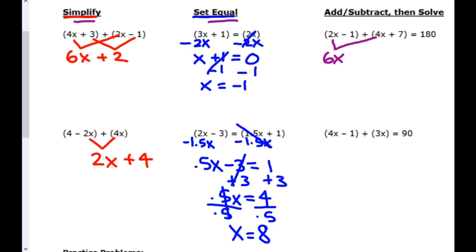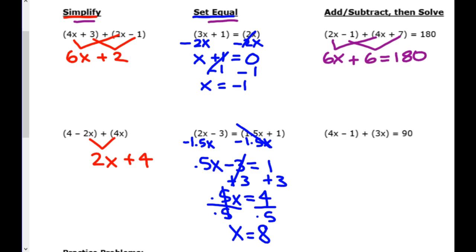6x plus 6. And we have constants, -1 plus 7. And by the way, don't forget, if there's a minus sign in front of a number, that's like a negative. So -1 plus 7 is 6. So we have 6x plus 6 equals 180.